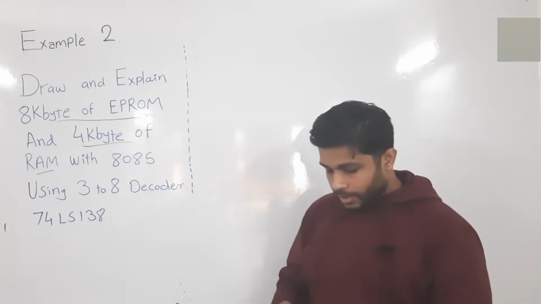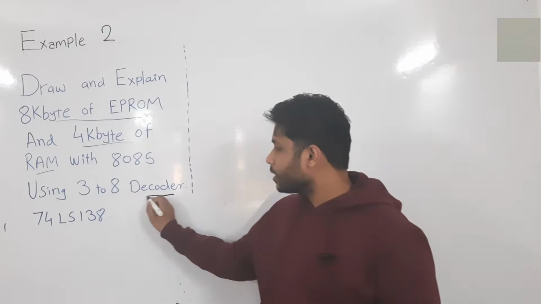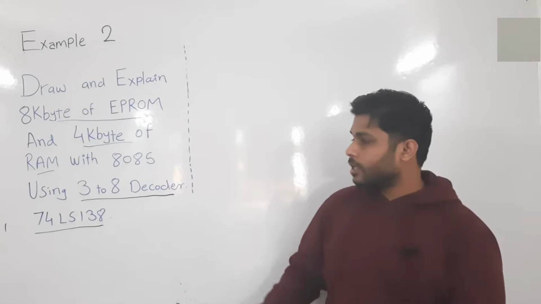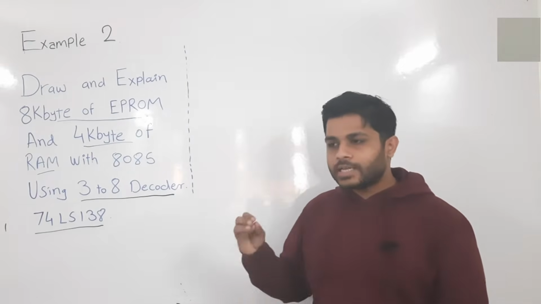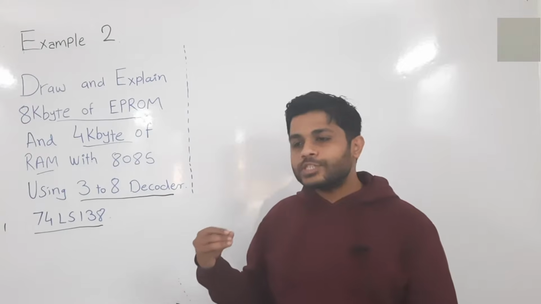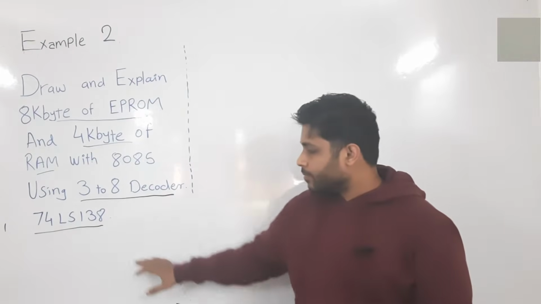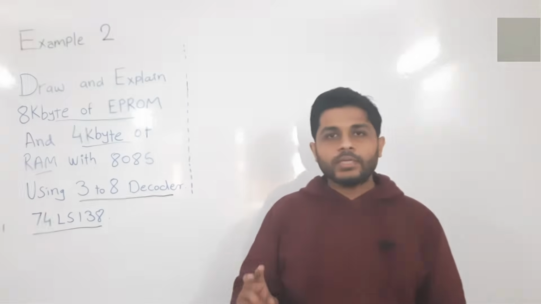We have to connect these memories using the decoder 74LS138. It works as a normal decoder, but there is a characteristic which is different from the normal decoder, that we are going to see in a very short time. But in this example, we are asked to interface two memories.